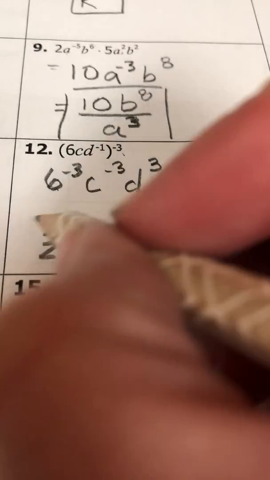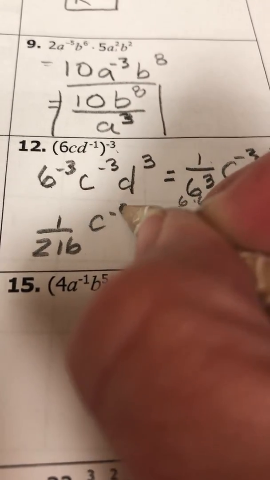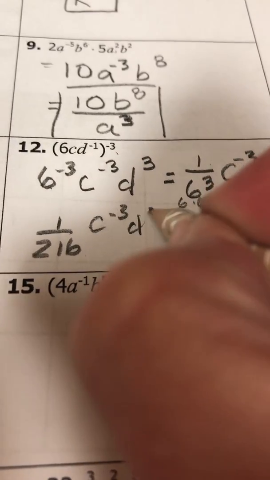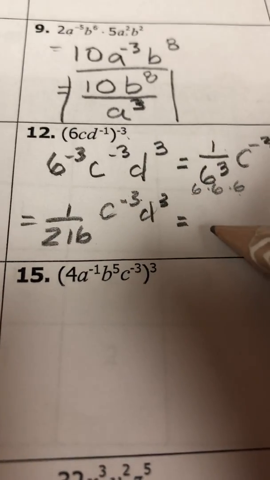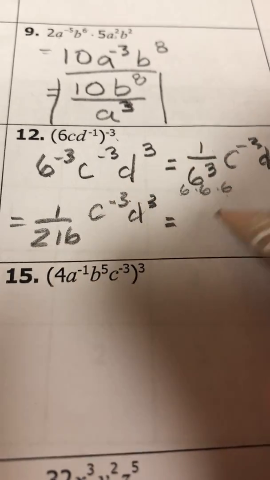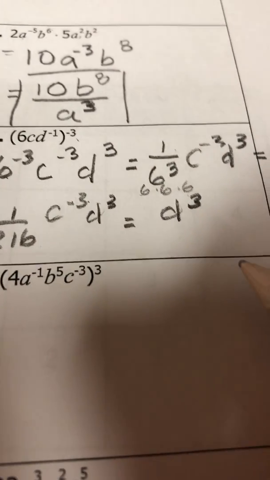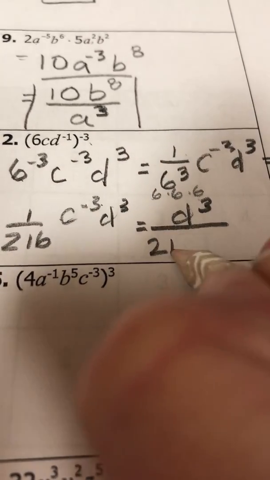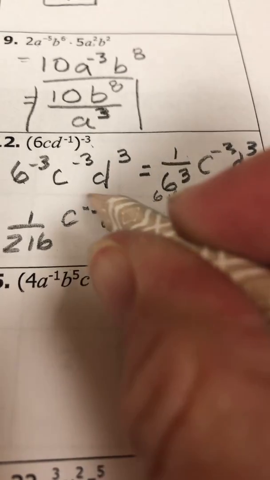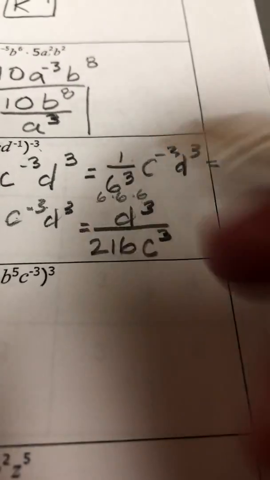So I have 216, and then I have c, again I keep rewriting it, negative third, d to the third, but spidey sense is going off and it's telling me I cannot keep that negative exponent there. So let's see, is there anything positive on the top here? And we do have one thing, it's the d cubed that is going to be on top. On the bottom, I'm going to have my 216, and I'm going to bring the negative exponent also down to the bottom. And that is the answer. I'm going to go ahead and box it. I'm trying to get better at my boxing.